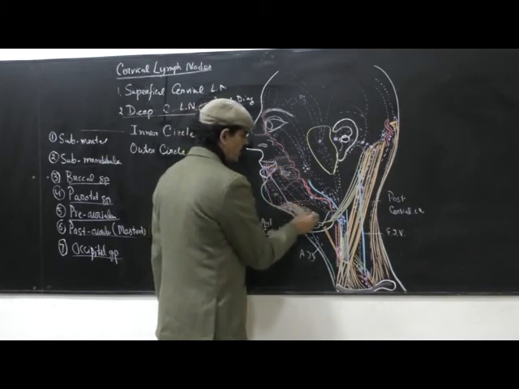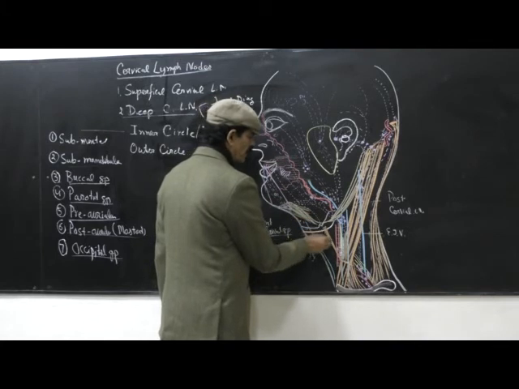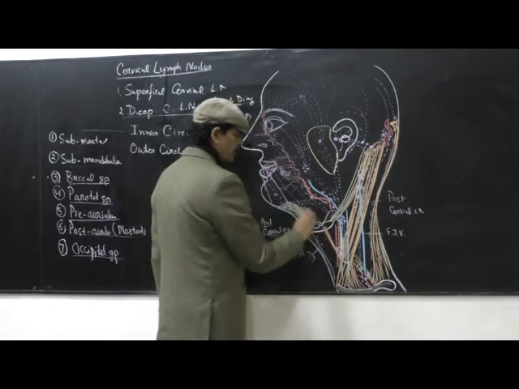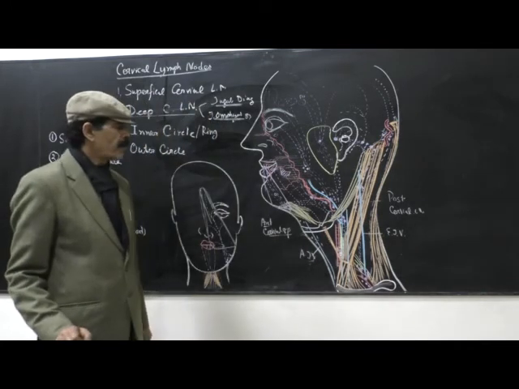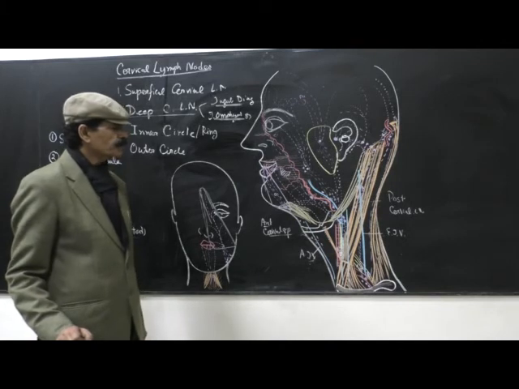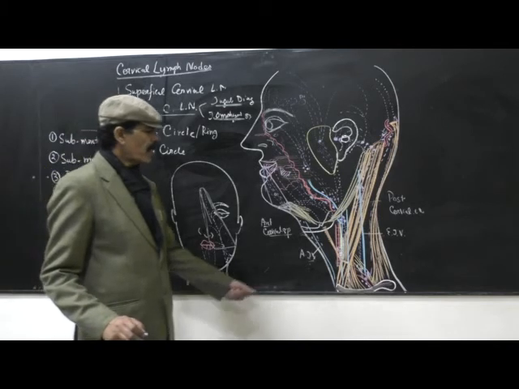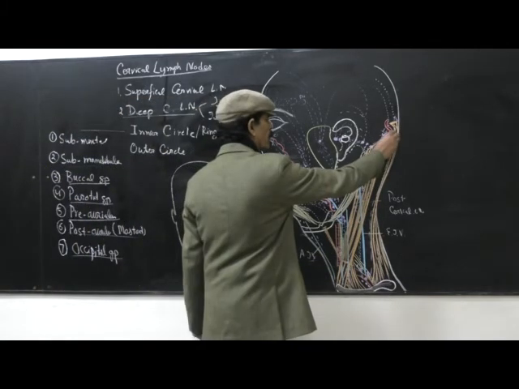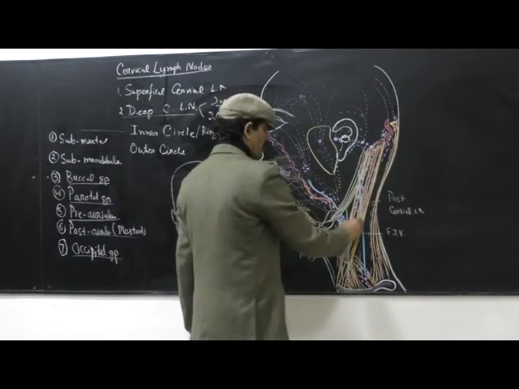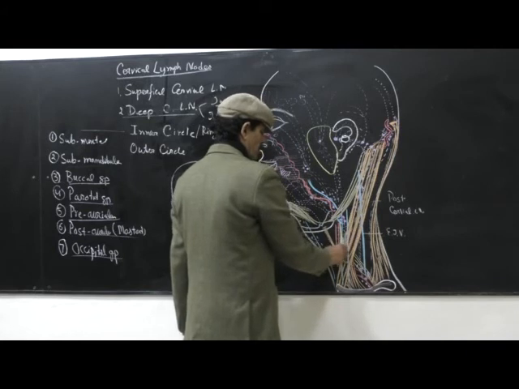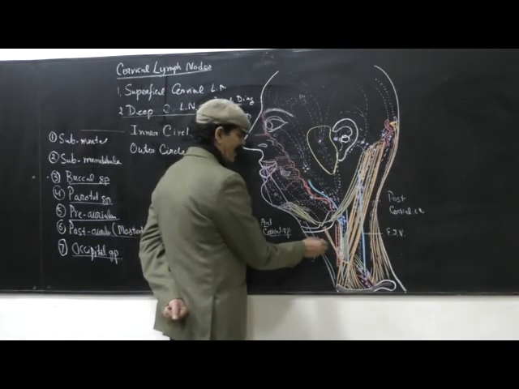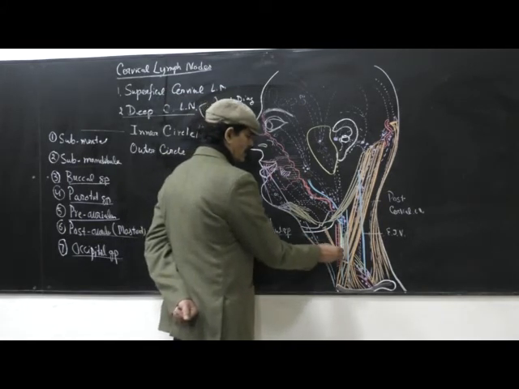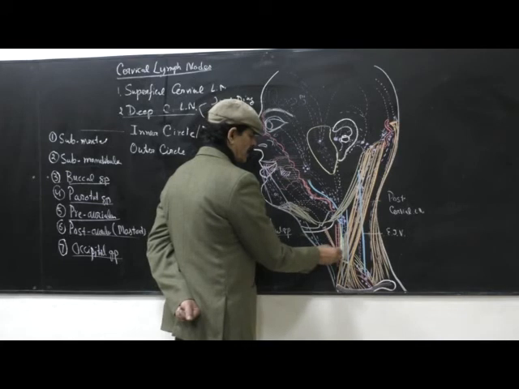Besides this, the jugulo-omohyoid group also receives lymph from the occipital and the mastoid regions, and also from the larynx, the pre-laryngeal lymph nodes.